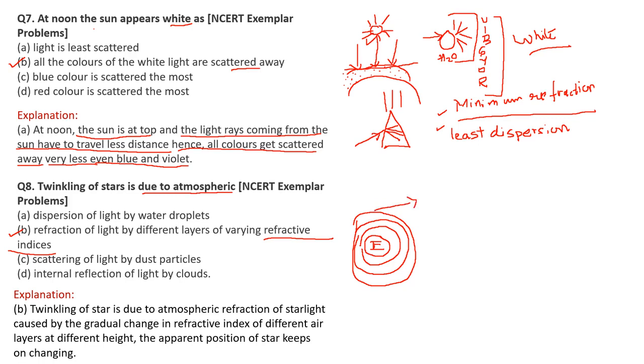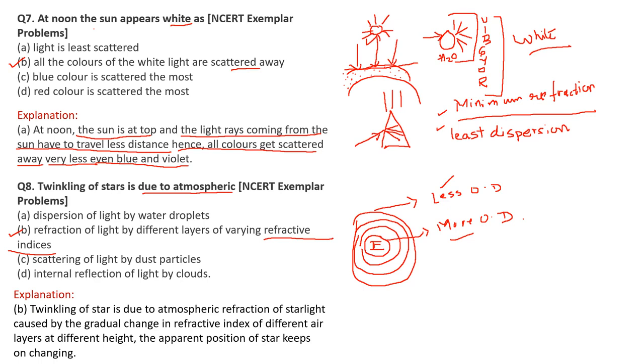Okay, so the top layer is less optical denser medium, and the innermost layer is more optical denser medium, right? This is optically rarer medium, this is optically denser medium. So you can interchange the words. The top layer is optical rarer medium and the other layers are optical denser medium.